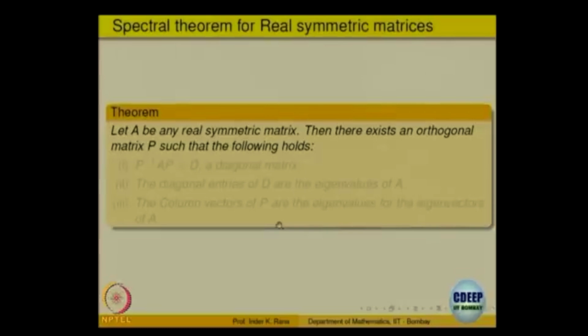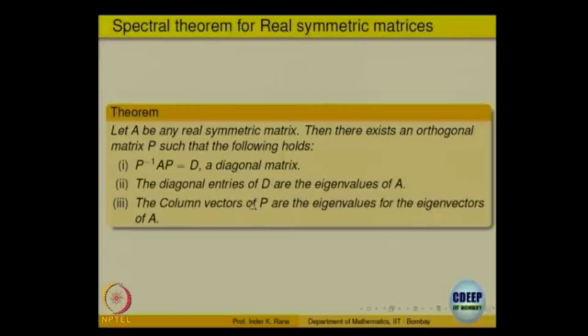So the improvement on the previous theorem, which was for diagonalization of matrices, says the following: if A is a real symmetric matrix, then there exists an orthogonal matrix P such that P inverse AP is a diagonal matrix. The diagonal entries are the eigenvalues of the matrix A. The column vectors of P are the eigenvectors of A.